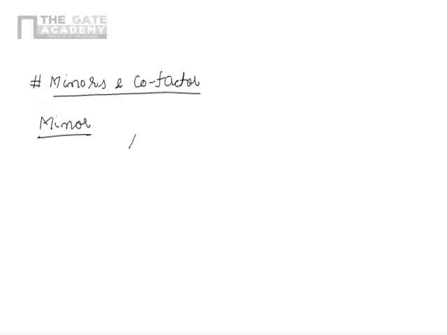Let's consider a matrix A, B, C, D, E, F, G, H, I. So this is a matrix of order 3 by 3. The minor of this matrix is nothing but a determinant I can form by deleting certain rows and columns.